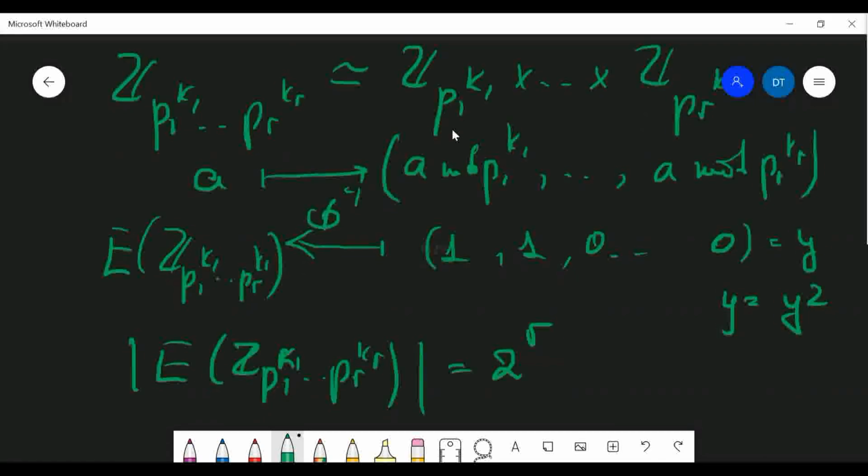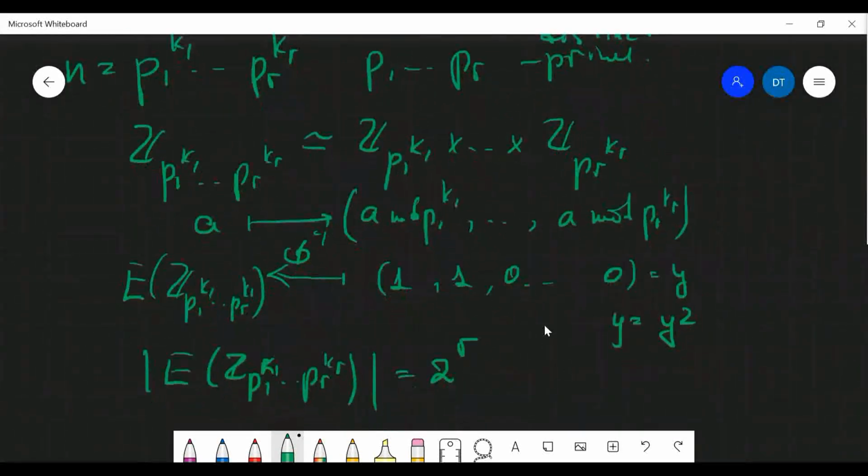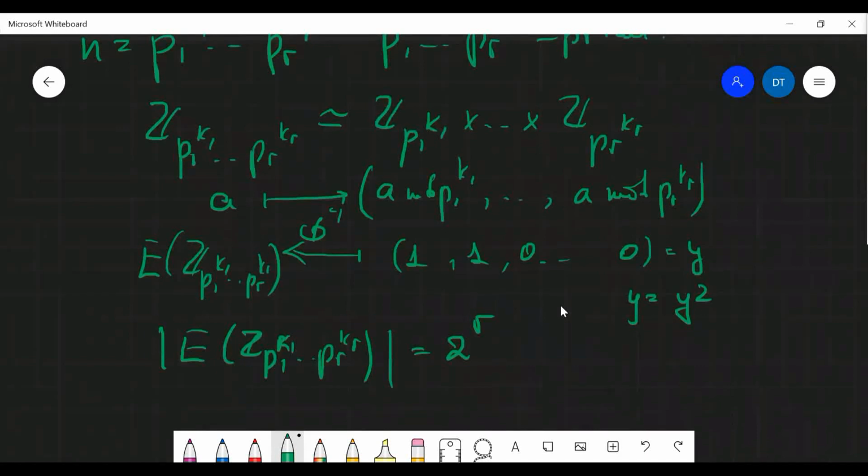Okay, so the algorithm is this. It's a theoretical algorithm. Take this ring. It's isomorphic, by the Chinese remainder theorem for rings, to this thing.